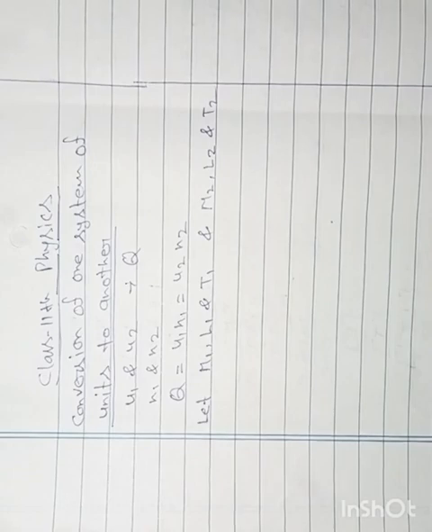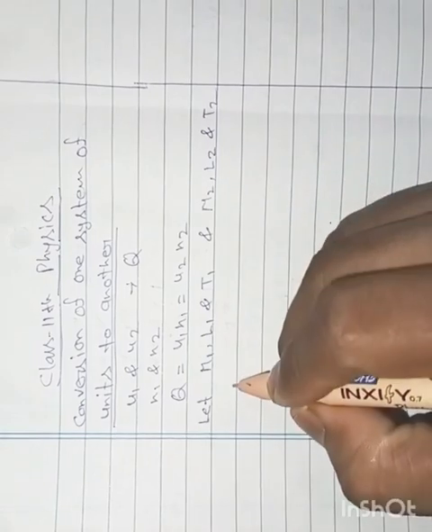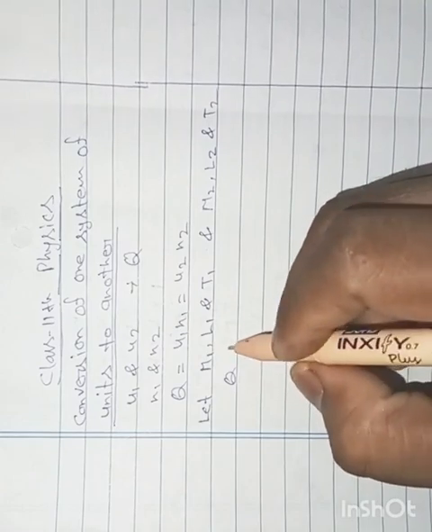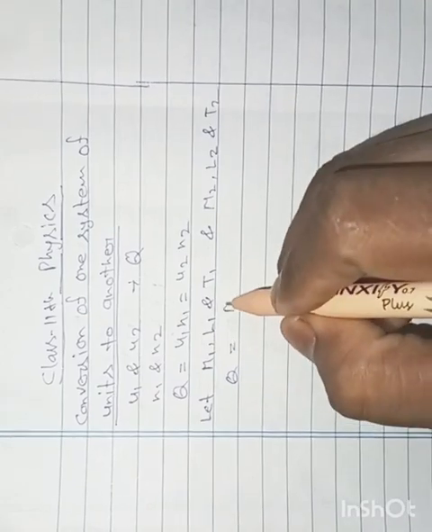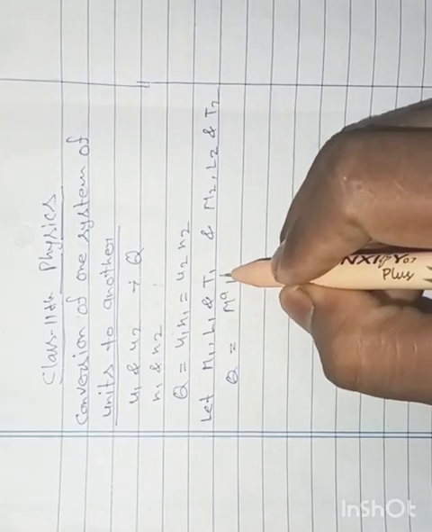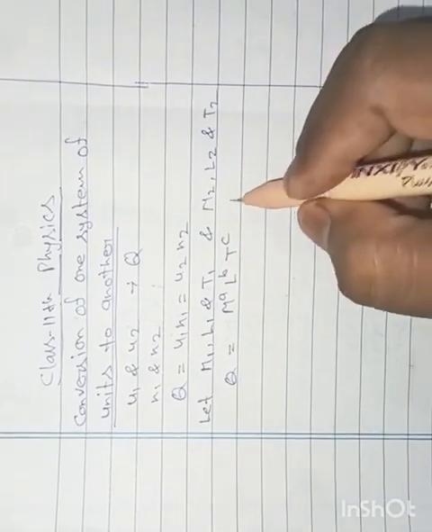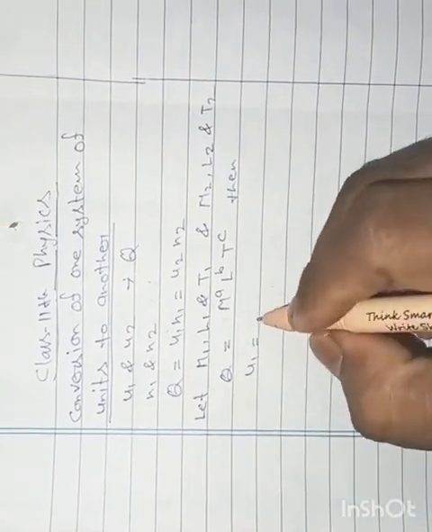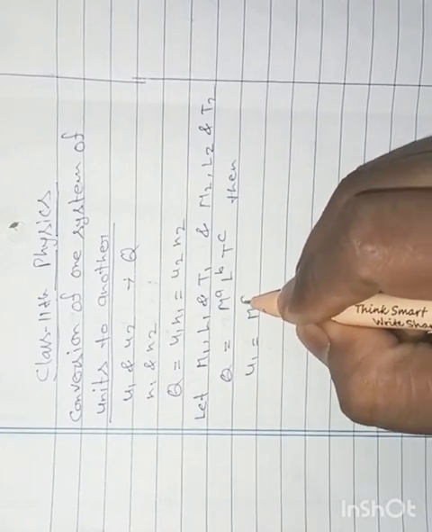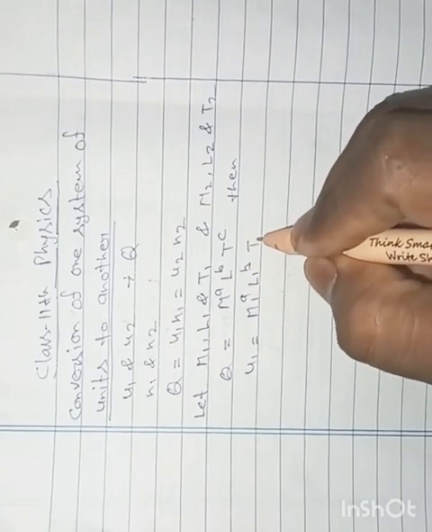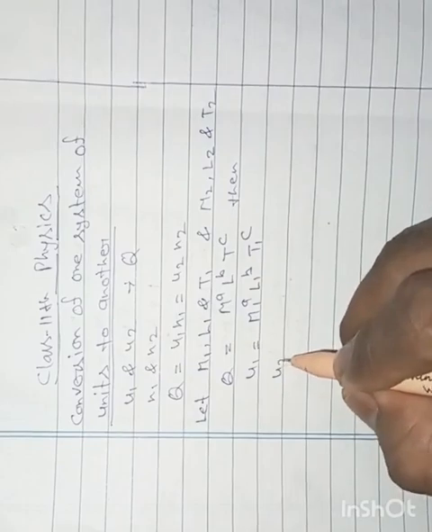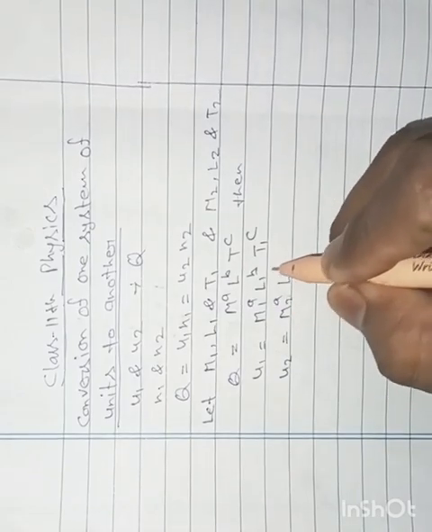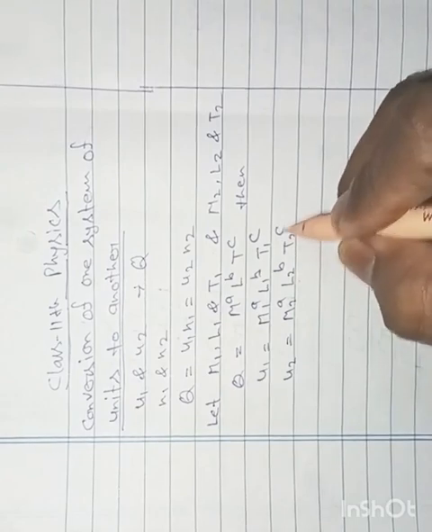So if the dimensional formula of the quantity q is M to the power a, L to the power b and T to the power c, then u1 will be m1 to the power a, l1 to the power b and t1 to the power c, and u2 will be equal to m2 to the power a, l2 to the power b, t2 to the power c.